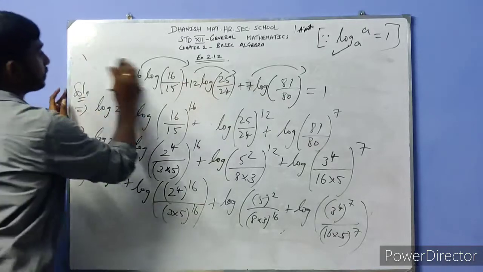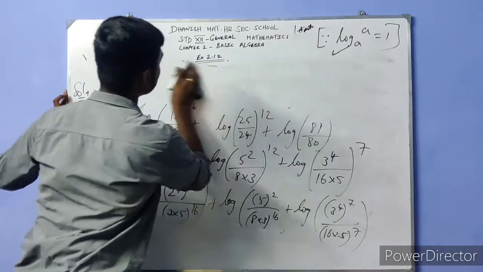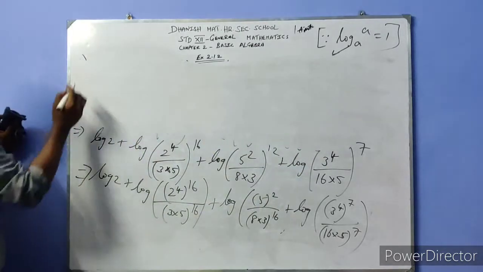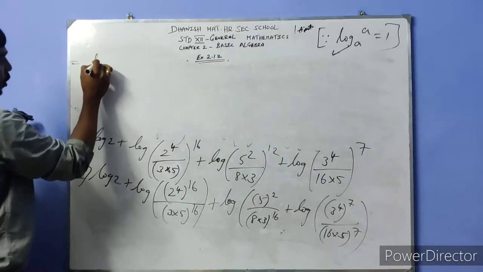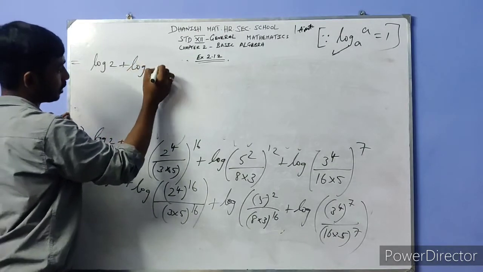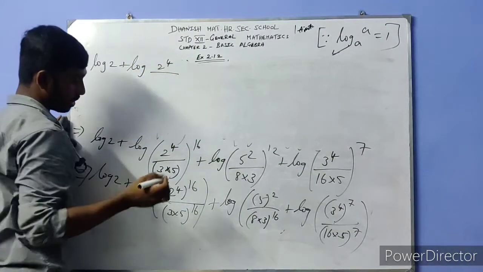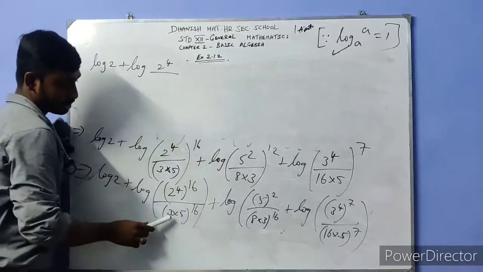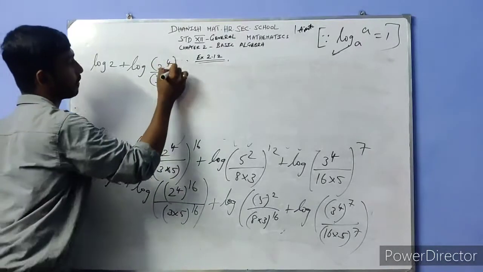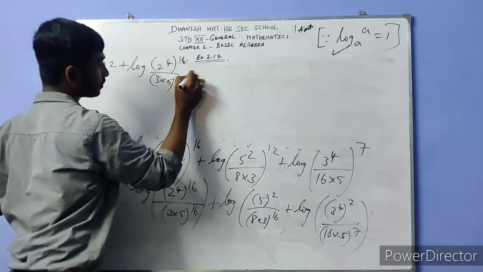So next step, now taking power, log 2 plus log 2 power 4 divided by 3 into 5, power of 16 here, it will remain the same, 2 power of 16 here. So this one we are going to change.